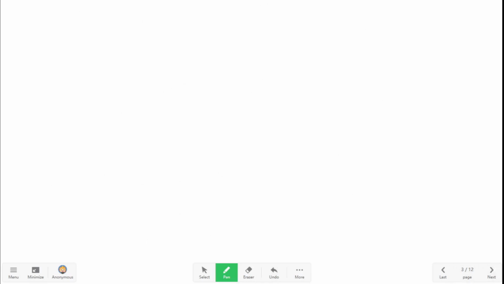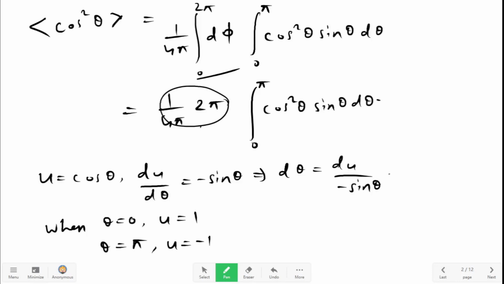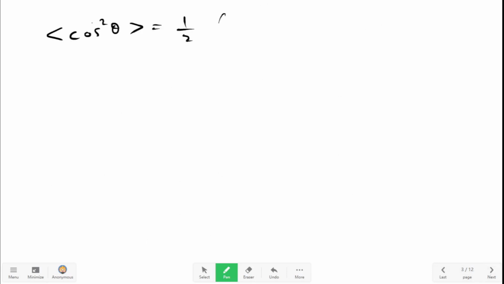Therefore we have the average of cos square theta is equal to 1 by 2 times the integral, and the limits change from 1 to minus 1, and then we have u square.